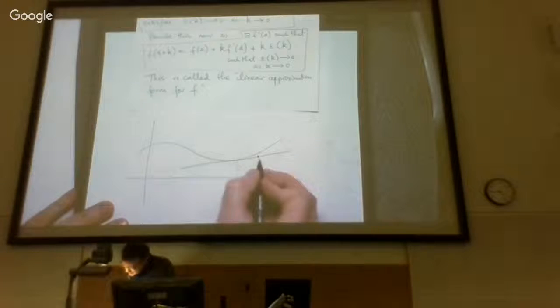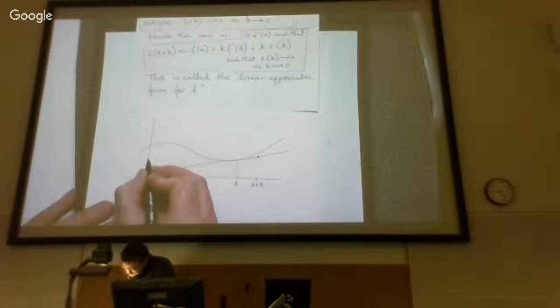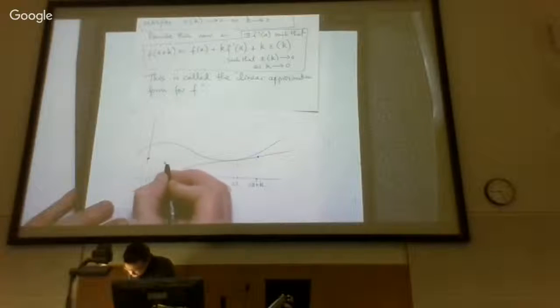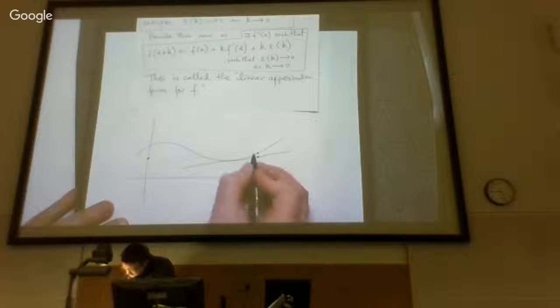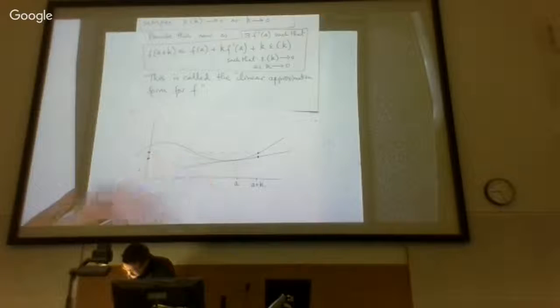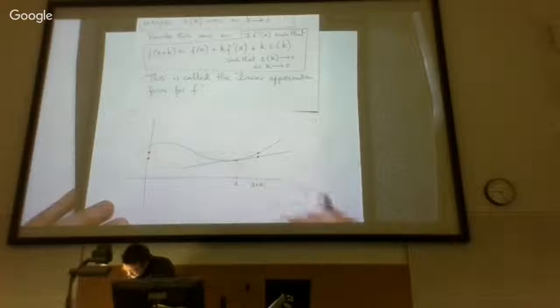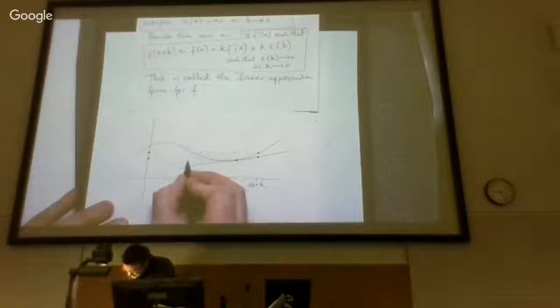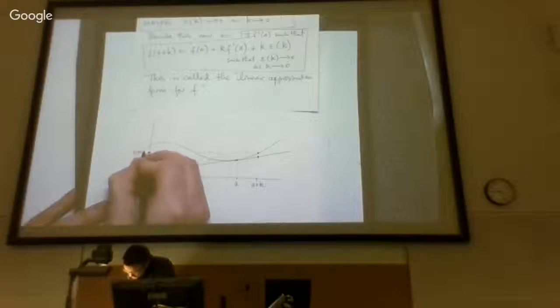This point here, when you bring this point across, comparing it with this point up here, this point brought across is here. And then we've also got this value here. That's the original point, the f of a value. This is the value up here, f of a plus k.